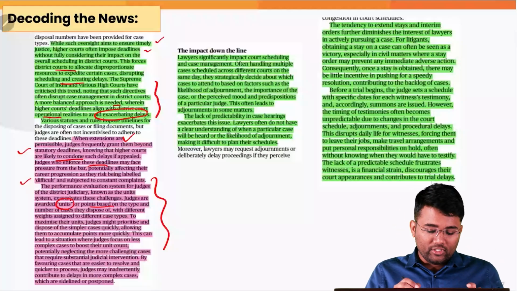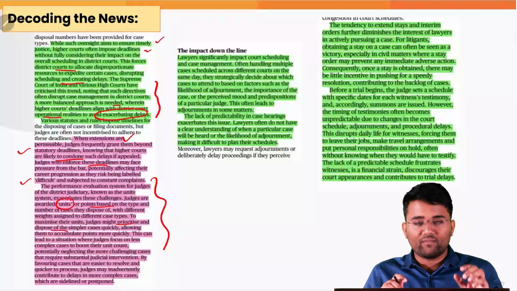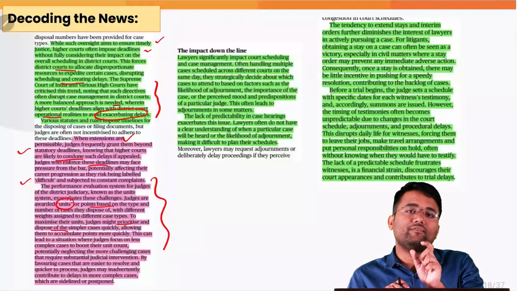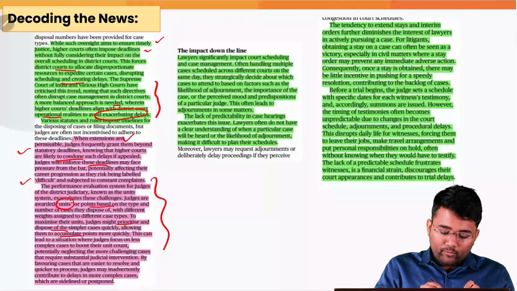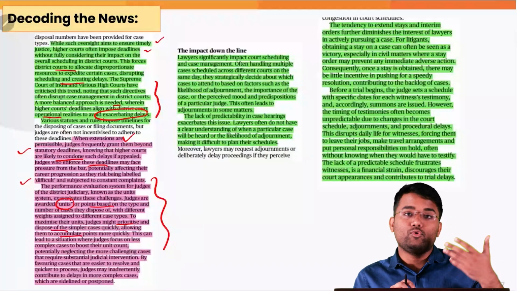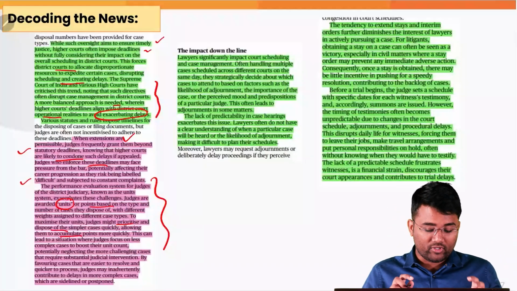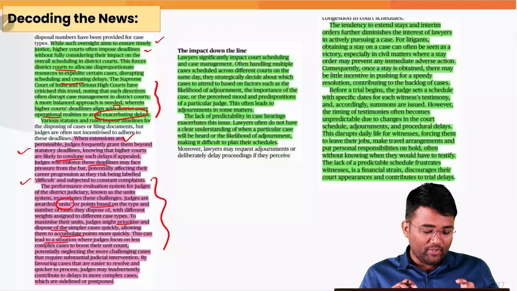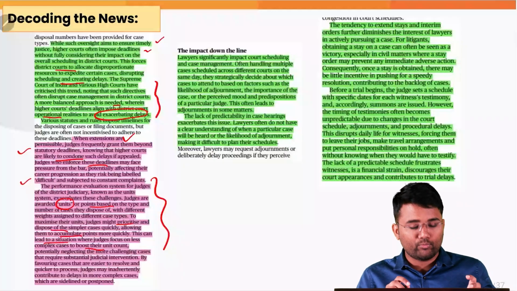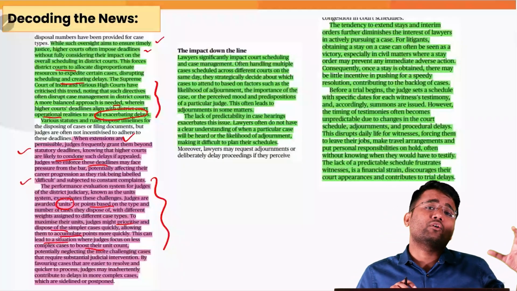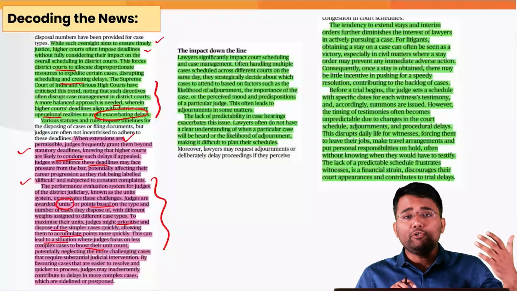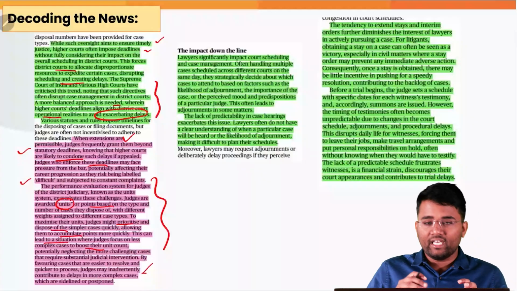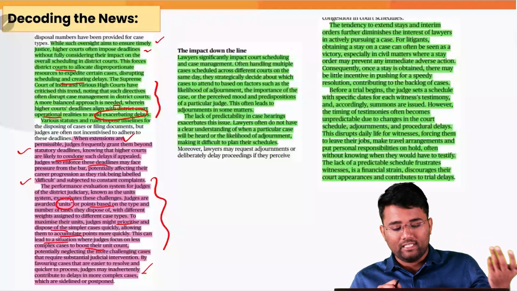To maximize their units, judges might prioritize and dispose of the simpler cases quickly, which requires limited time to dispose, allowing them to accumulate more points, and that can actually help in their further career progression. This can lead to a situation where judges focus less on the complex cases to boost their unit count, potentially neglecting some of the complex cases, and further leading to piling of cases and judicial pendency. And this may inadvertently lead to further delays.